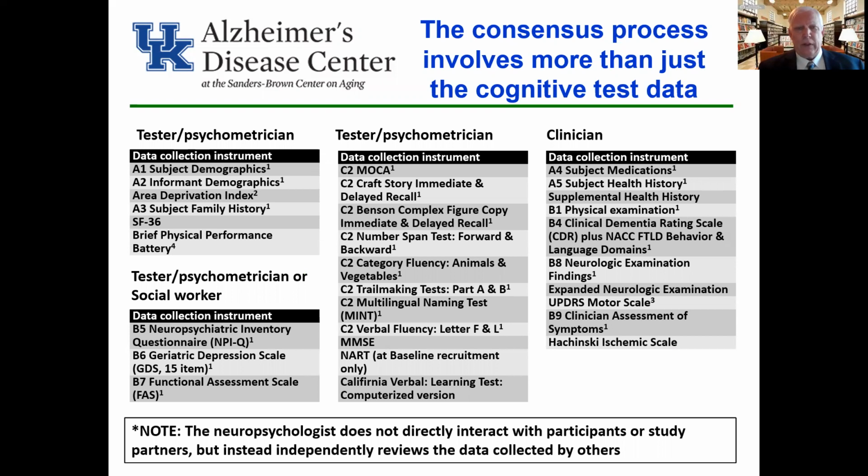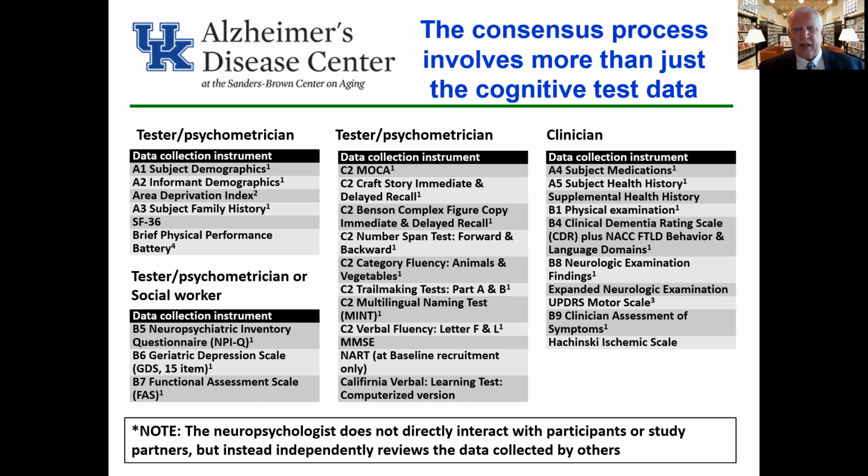The clinical cognitive battery is then administered by the psychometrician, including a variety of different scales that test and challenge different brain functions in the areas of attention, executive function, language function, memory, and visuospatial function.